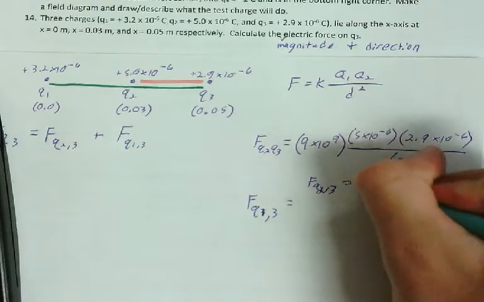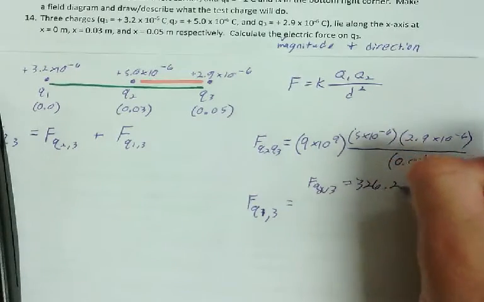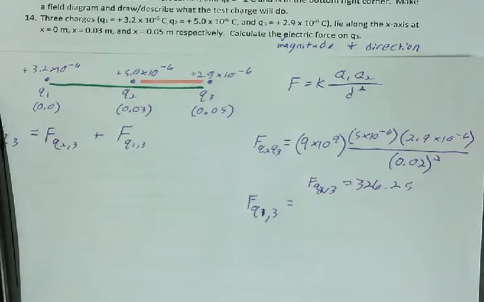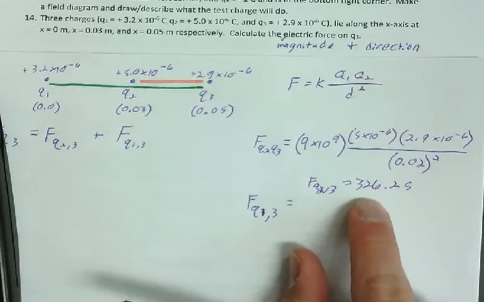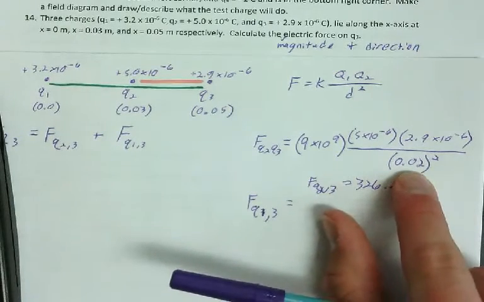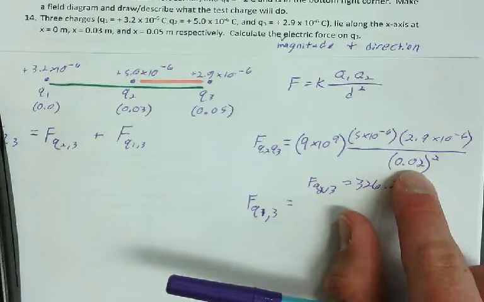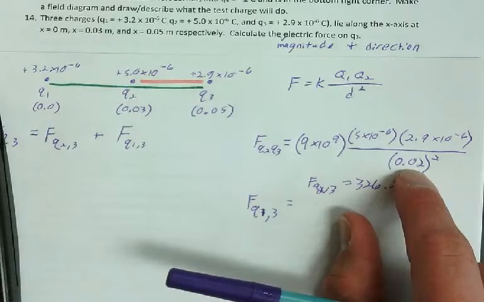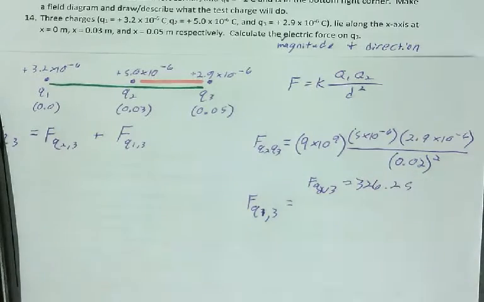That gives me 326.25. I saw a lot of people get 32.6. My guess is you did 0.2 instead of 0.02. Just be careful on the values that you use.